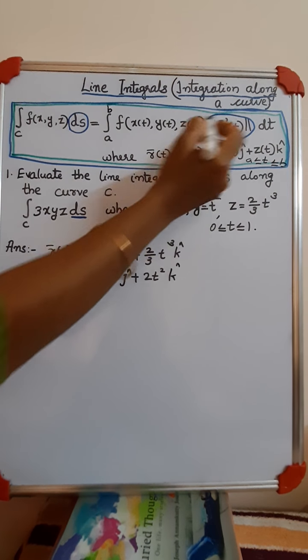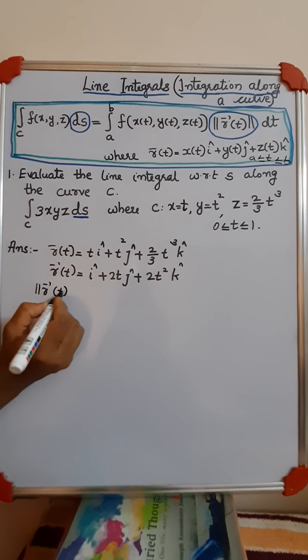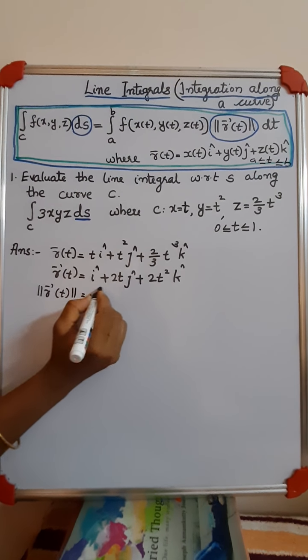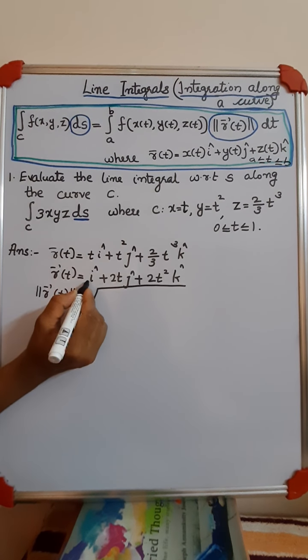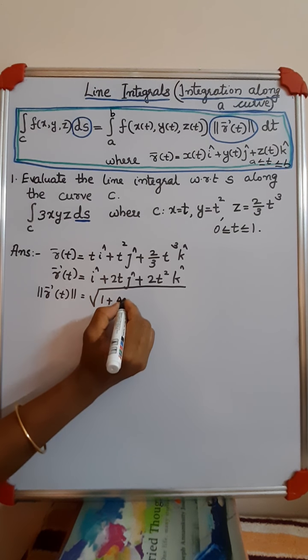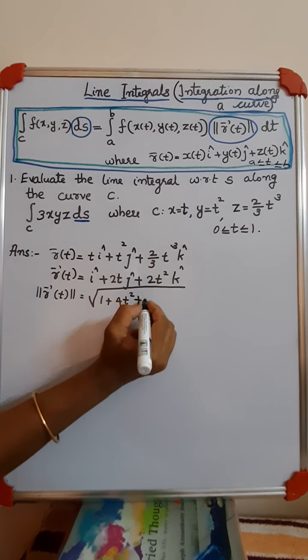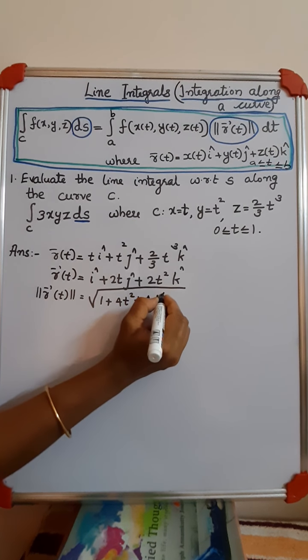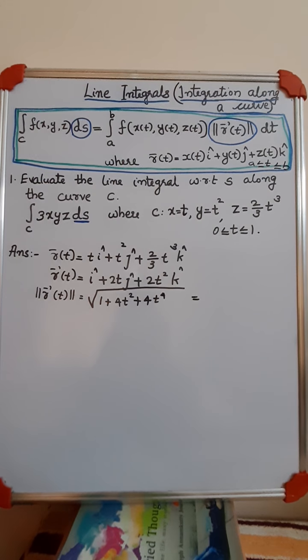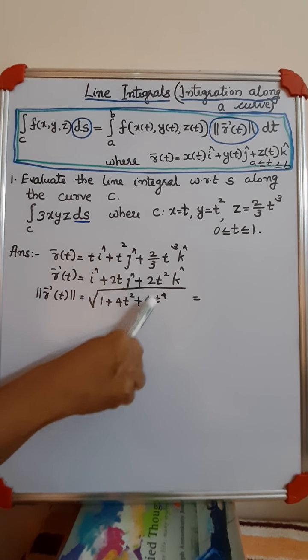We have to evaluate norm of r dash of t. What is norm of r dash of t? Norm of r dash of t is equal to square root of 1 square, that is 1, plus 2t the whole square, that is 4t square, plus 2t square the whole square, that is 4t raised to 4. Then we know what is this? 1 plus a square plus 2ab plus b square.